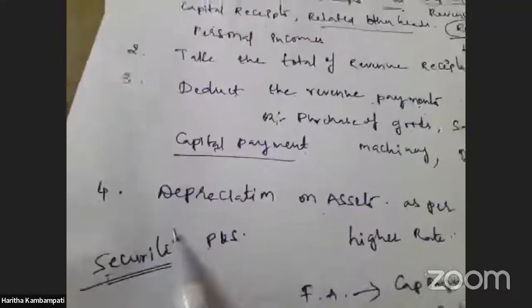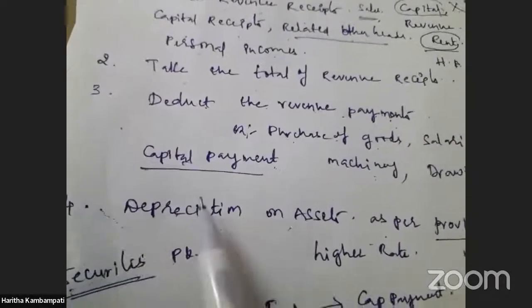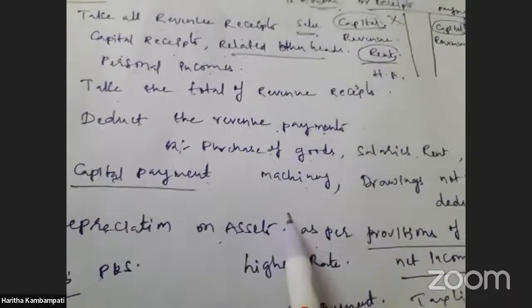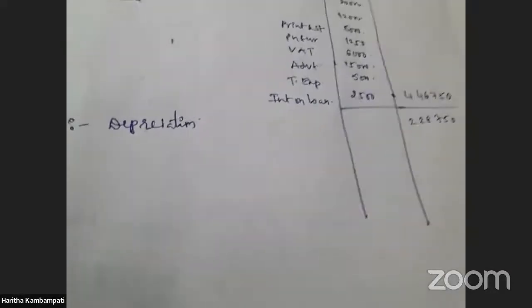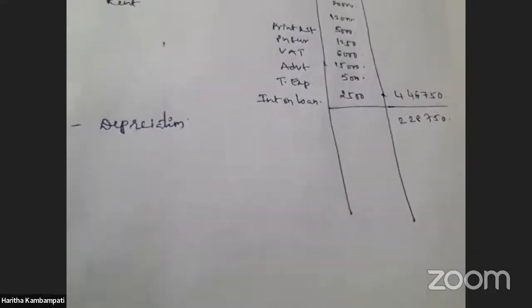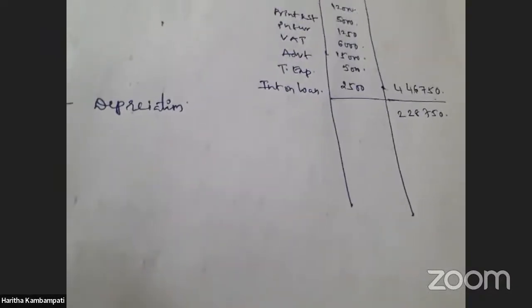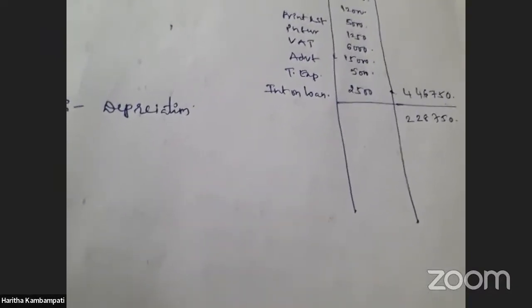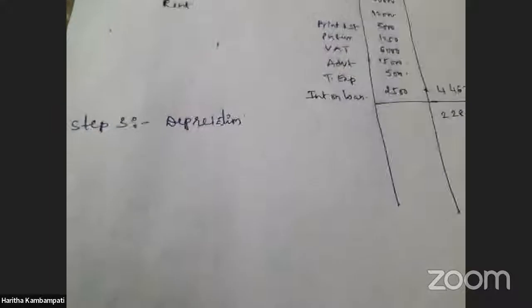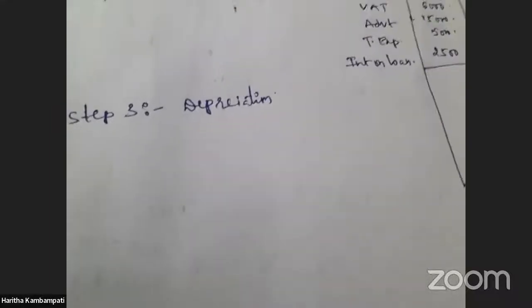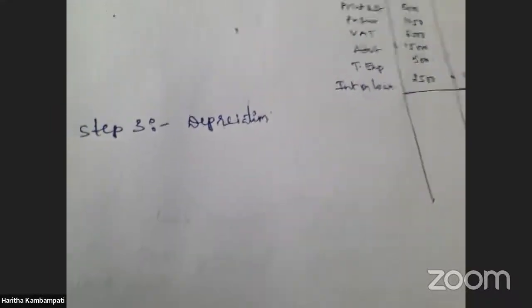Go to step 4. Deduct depreciation on assets as per provisions of the Income Tax Act. So how do you come to know that? In your theory portion itself, at the start of this unit, they will give a table consisting of the type of asset and the rate of depreciation applicable for the concerned asset. So you need to follow that table.